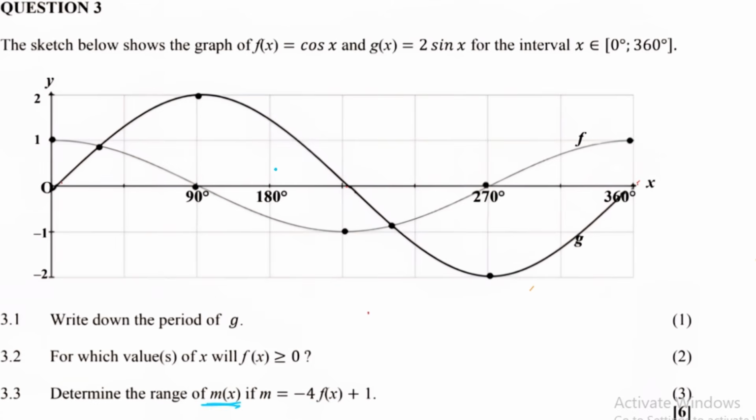If we were asked to find the range of f of x, you can see the lowest value is -1, and the highest value is +1. So the range, y is an element of -1 to 1.